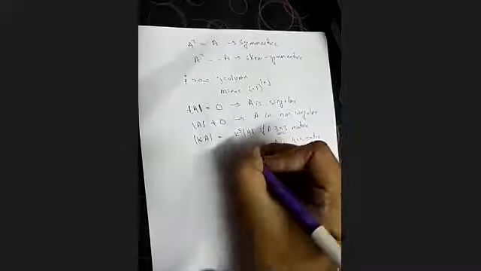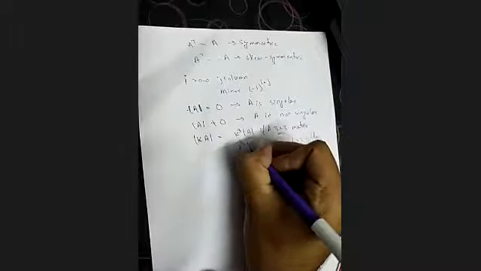If A is a 4 by 4 matrix, then K power 4 into det of A. Got that?